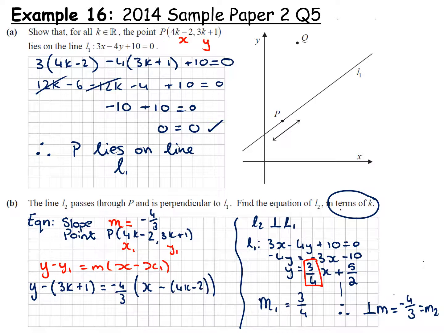So we want to clean this up a little bit. First thing we're going to do, multiply both sides by 3. So we get 3y minus 9k minus 3 is equal to minus 4x minus minus plus 16k. Minus by minus is a plus, by a minus is a minus, minus 8.